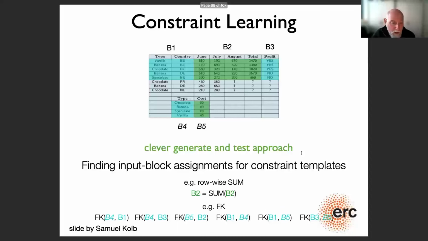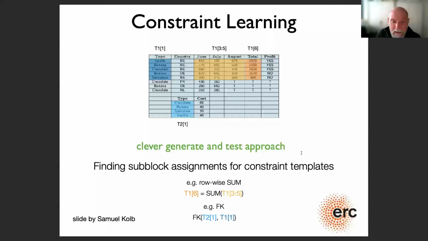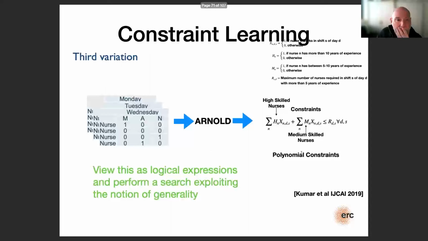And then it would do this very clever generate and test approach to enumerate all possible constraints that make sense for these types. Of course, if you work with numbers, then sums make sense. If you work with strings, then sums won't make a lot of sense. And so you constrain your search on that, and you'll actually find possibilities for that by looking at the right kind of assignments there.